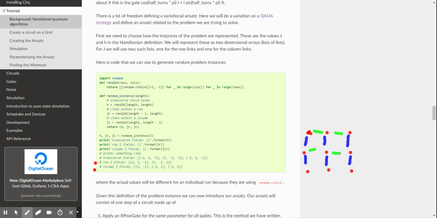But maybe this is just a matter of representing it as a 2x3 matrix, or a 3x2 matrix, because this is basically 1, 1, minus 1, 1, minus 1, 1, right?